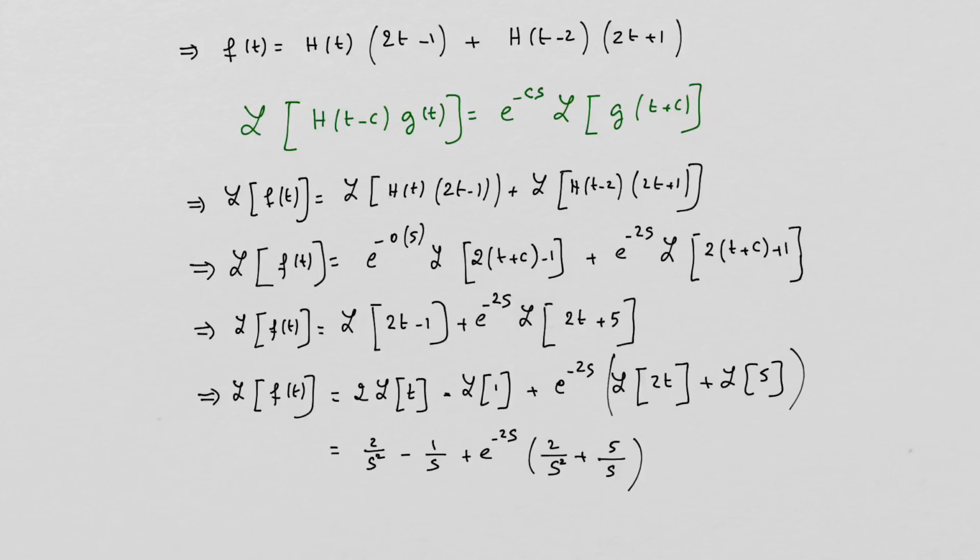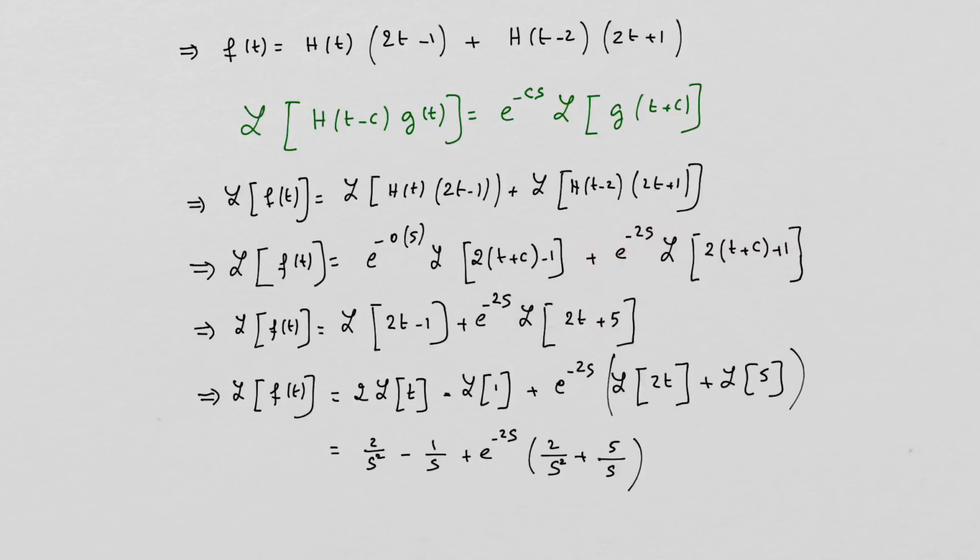Okay? Now C is 2. Don't forget that. For this one, C is 2. For this one, C is 0. So that died completely. So you end up with Laplace of 2t minus 1 because C is 0. Don't forget that. And in here, C is 2. So 2t plus 2 plus 1 is plus 5, right? 4 plus 1 is 5.